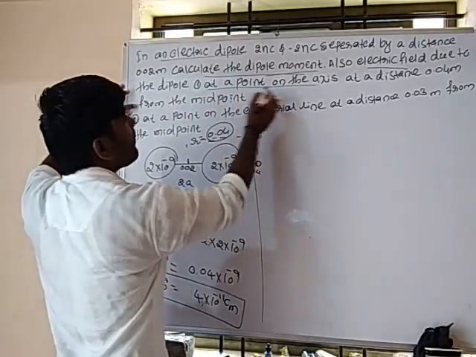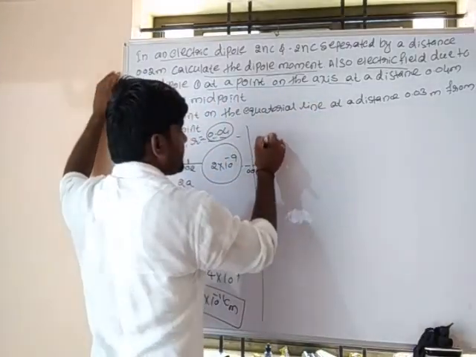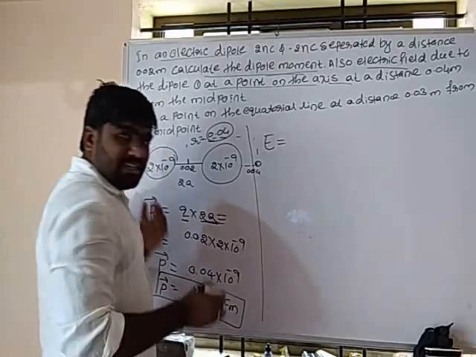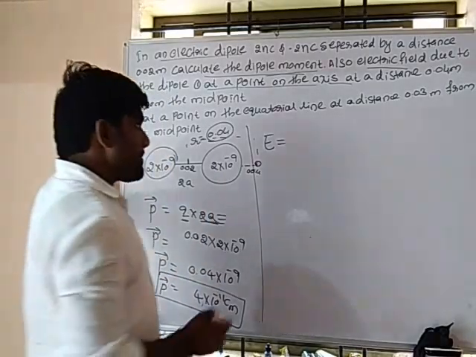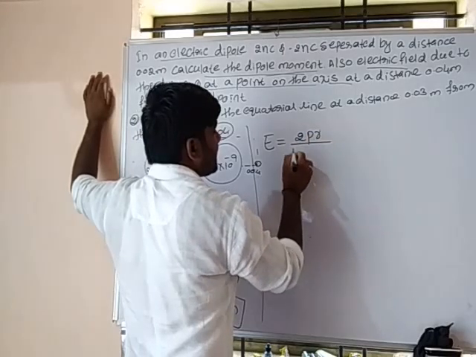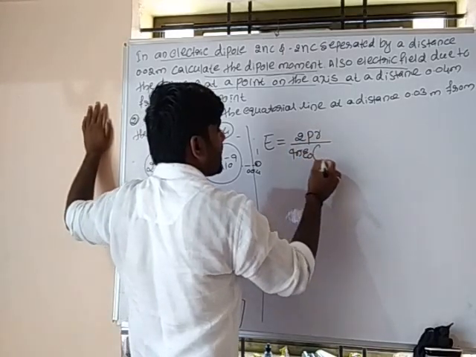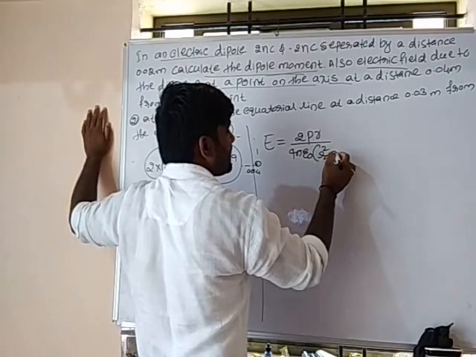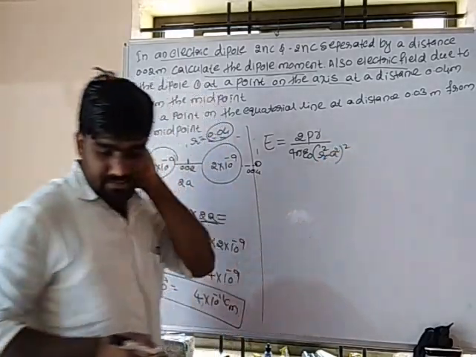Electric field on the axis, what is our formula? E is equal to 2 times PR divided by 4 pi epsilon naught, (R square minus A square) its square.